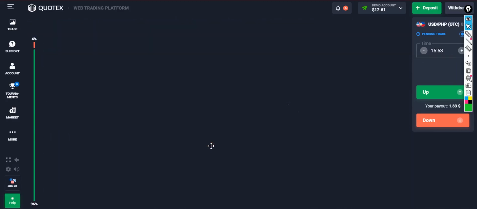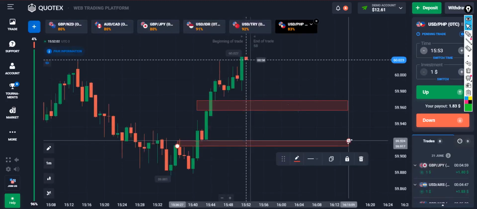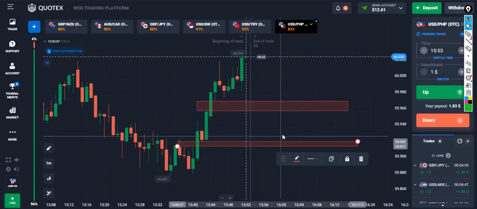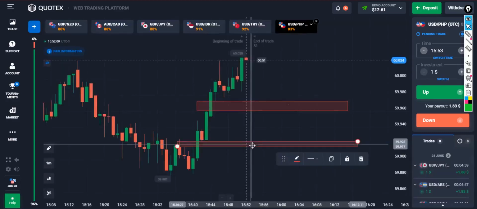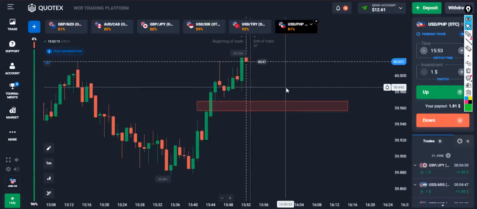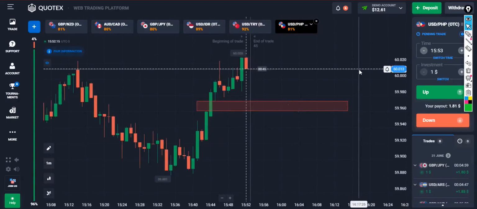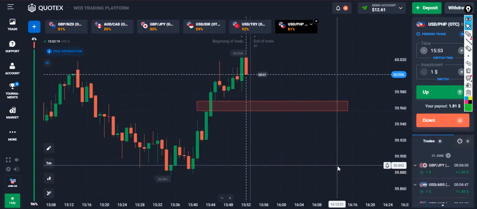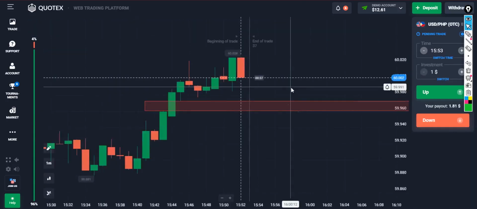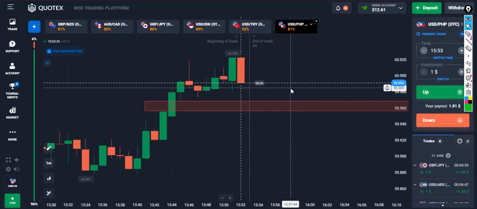I can use this one, but still it's a bit risky, so let's stick with only this one. As you can see, the last trade I took was almost, I guess, 5 to 10 minutes before. When this sort of stuff happens, we get very anxious, right?